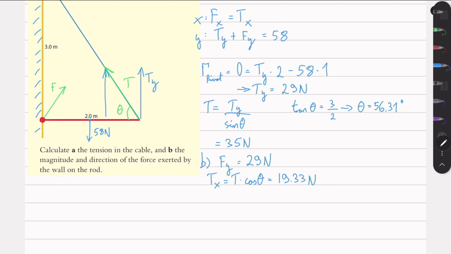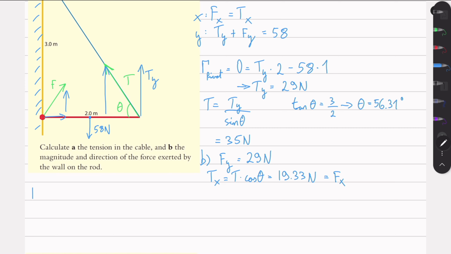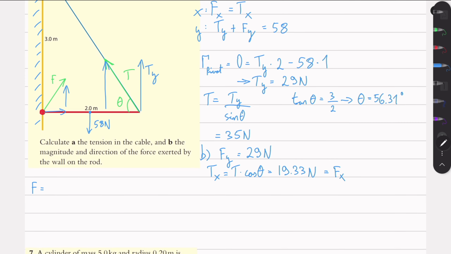So this is equal to Fx. We know the x component, we know the y component, we need the force, so we can simply use Pythagoras to calculate the length of that final hypotenuse. So that'll be 29 squared plus 19.33 squared, which will give us approximately 35 newtons.